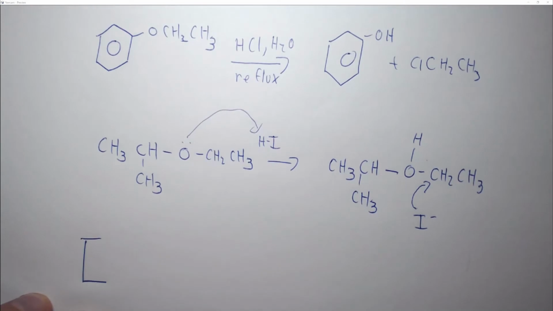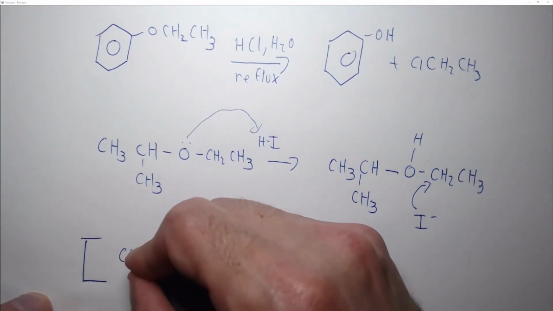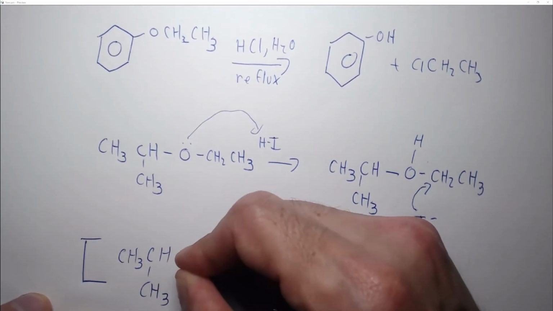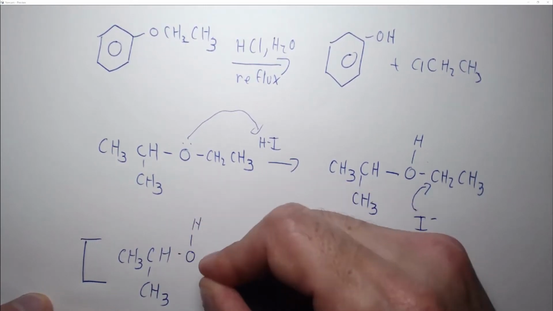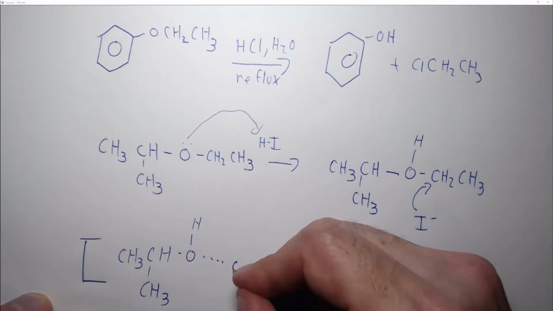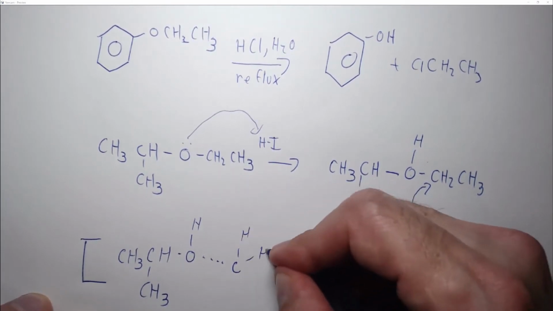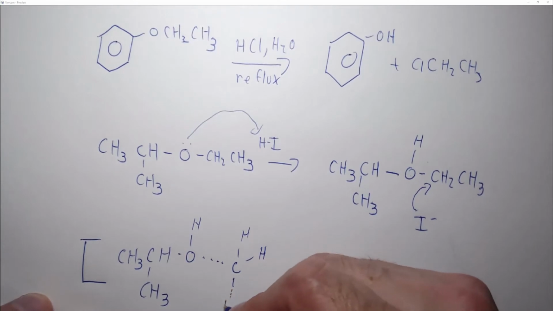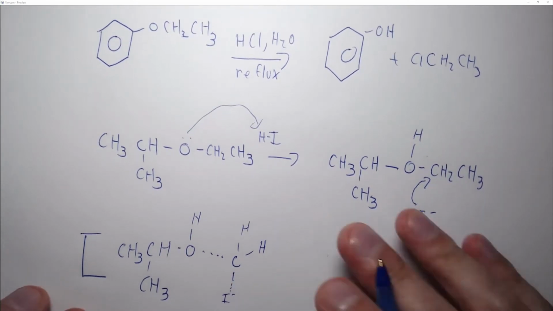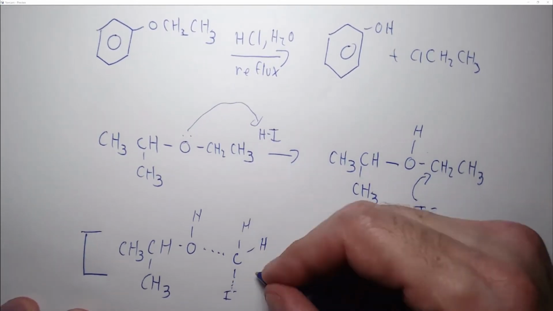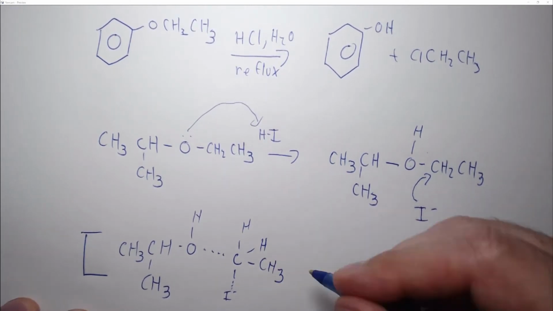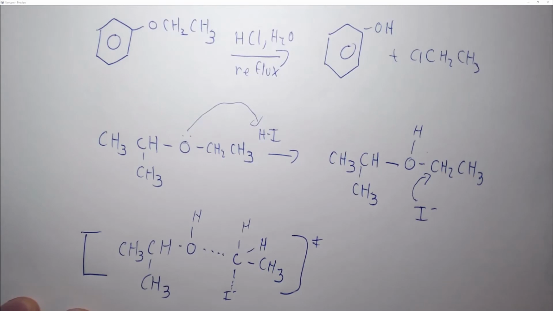And when we draw our transition state here, what we end up with is our CH3, CH, CH3, OH coming out. We have a C with two H's. That's this CH2. We have the I- coming in, and the CH3 here going along for the ride. And this is a transition state.